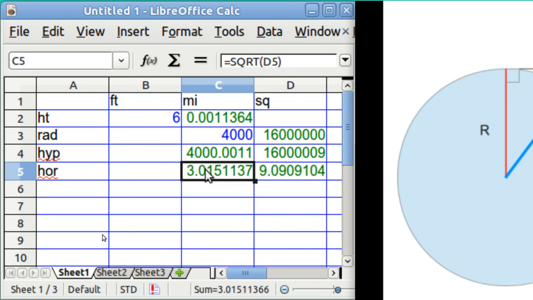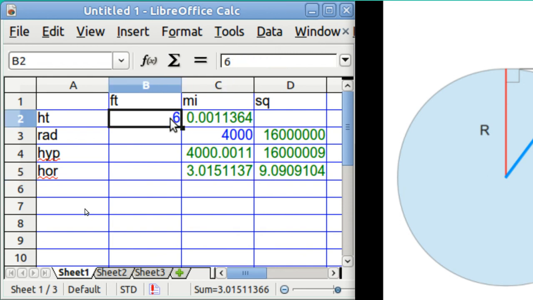And that's how far you can see when you are at 6 feet with the radius of the Earth being 4,000 miles. We can now alter this 6-foot figure, and let's change it to 600 feet.